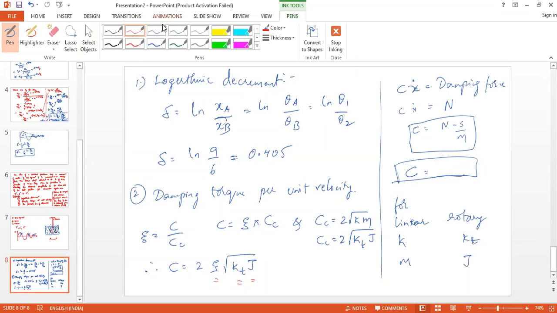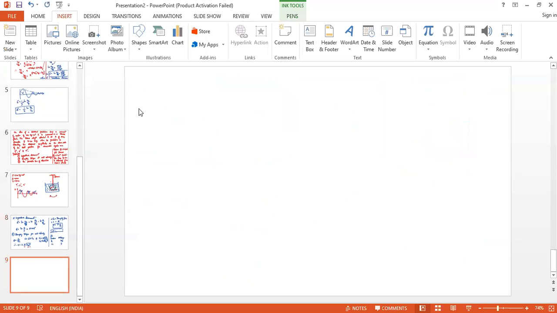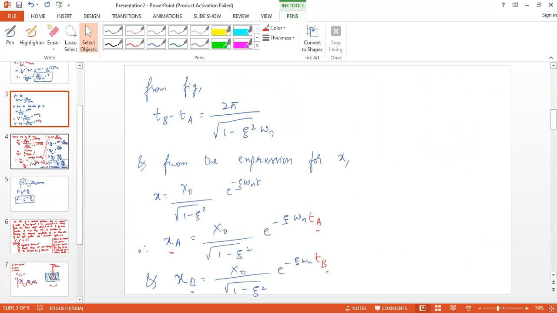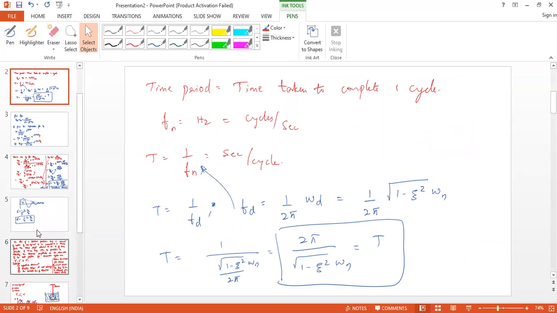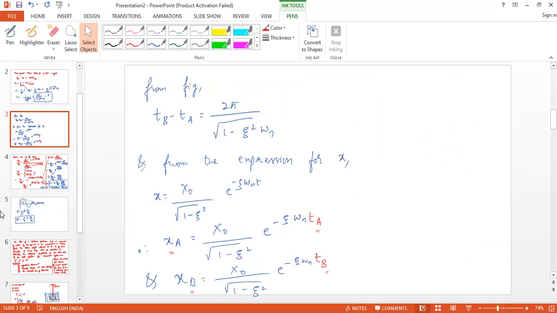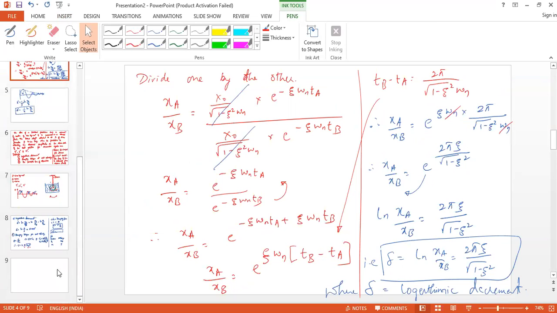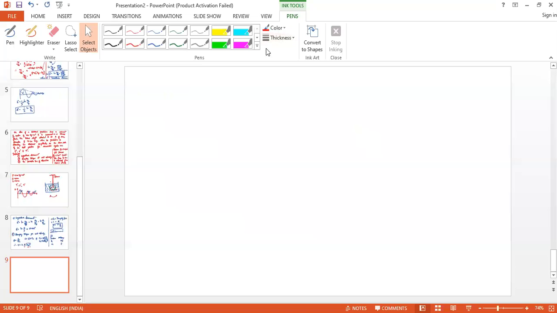So, how to get the value of zeta? We know that for the logarithmic decrement, delta is equal to 2 pi zeta by root of 1 minus zeta square.